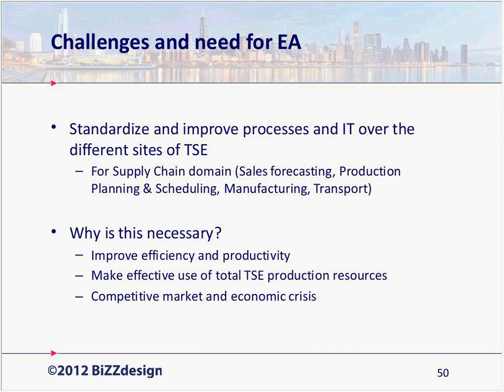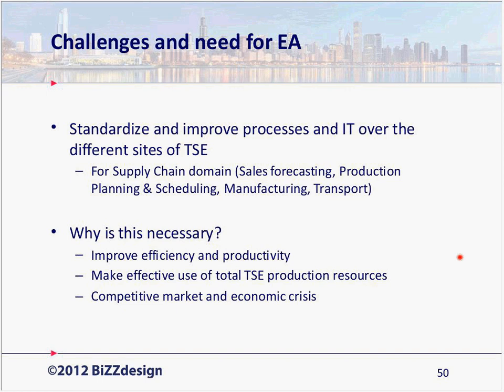So it doesn't matter where an order comes from, whether the steel is produced in the Netherlands or in the UK. They need to be really flexible in the supply chain up to production, so it's necessary to improve efficiency, productivity and effective use of the total resources.